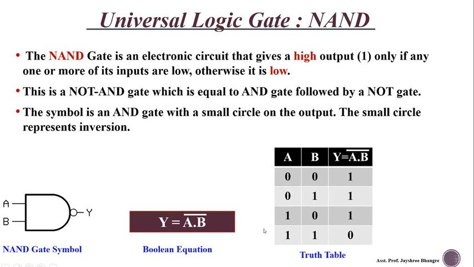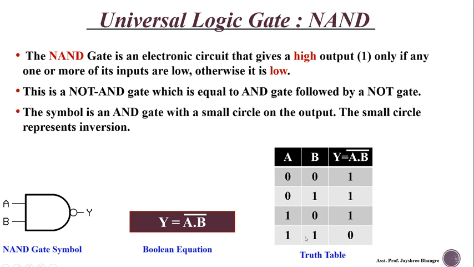So here is the truth table that represents the operation of this NAND gate. When the inputs are 0, 0, output becomes 1. If A is 0, B is 1, output will be 1. If A is 1, B is 0, output will be 1. That means if any one input of this NAND gate is 0, then output will be 1, otherwise it is 0.